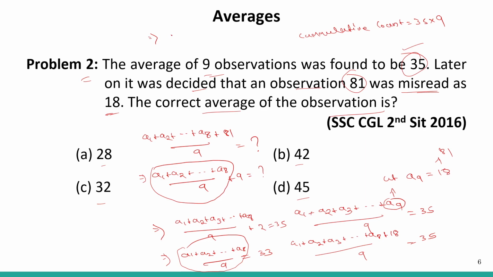So this was 33, then plus 9, so it will be equal to 42, right? So the correct average of the observations will be 42. Okay, so 42 will be the correct answer. So among these, B is the correct option, that is 42.